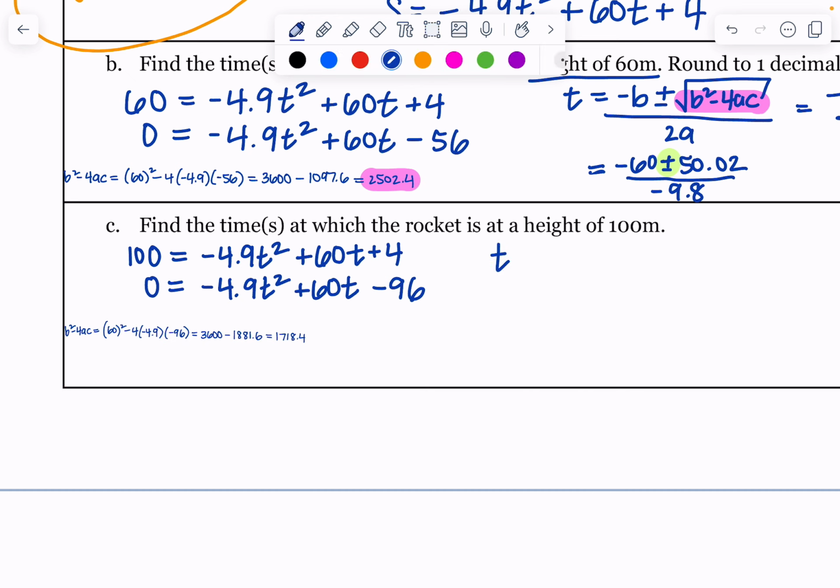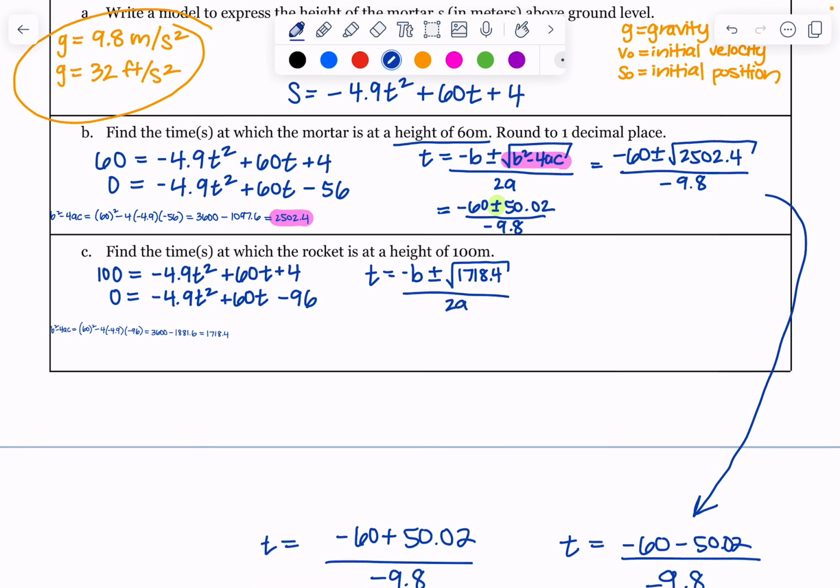So we've got t equals negative b plus or minus the square root of, I'm just going to go ahead and plug it in, 1718.4 all over 2a. And when we plug in b and a, we're going to have negative 60 plus or minus the square root of 1718.4 all over negative 9.8.